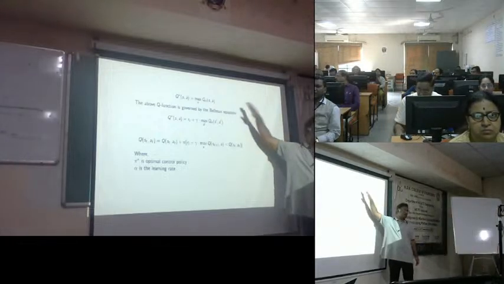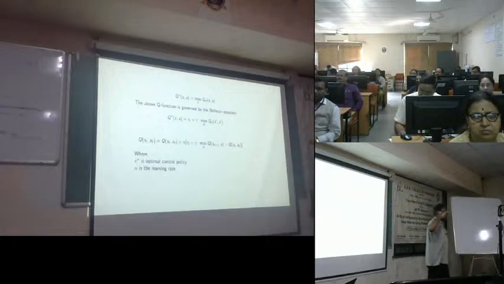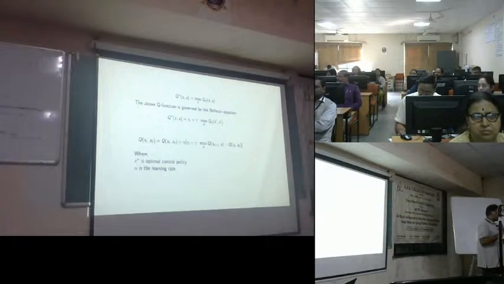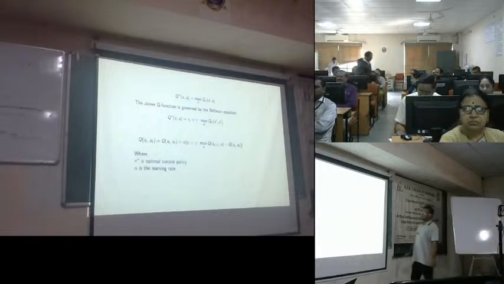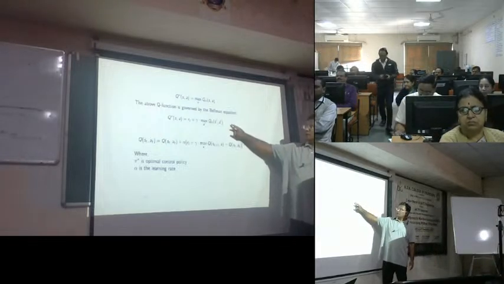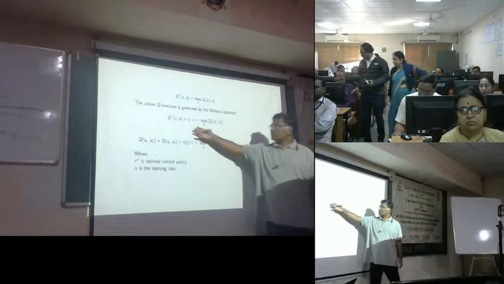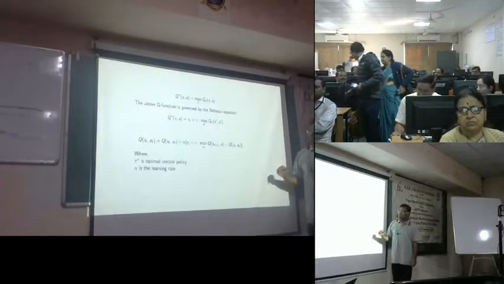So it is modeled exactly on similar lines, but now we are focusing only on rewards. We are not focusing on the state. Again, Q star of (S, A) is given by the same equation.